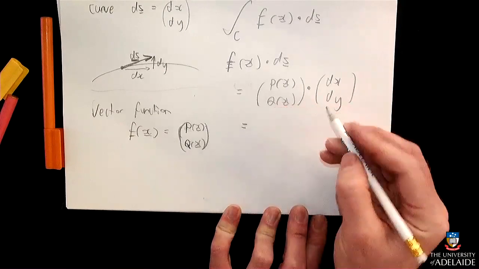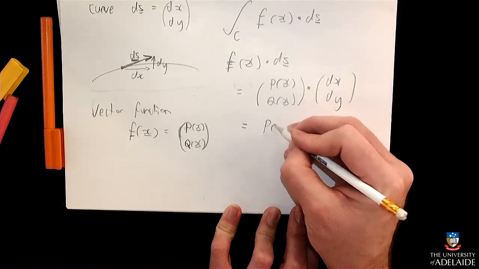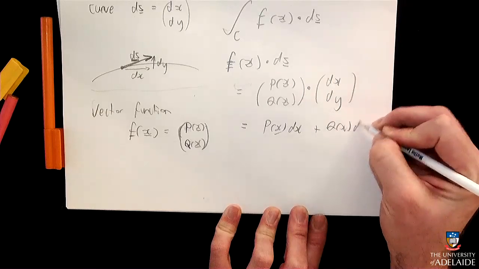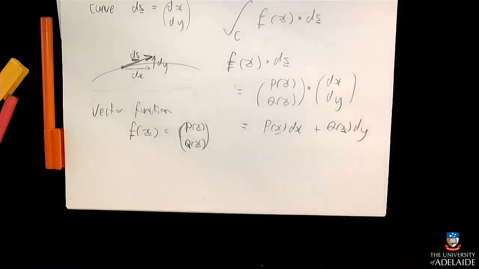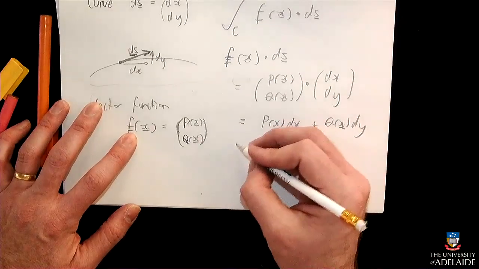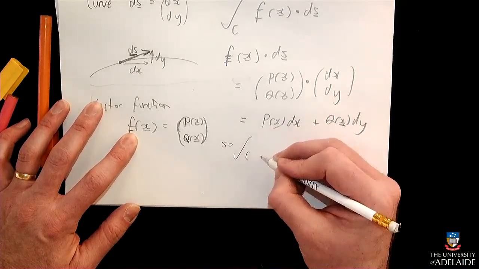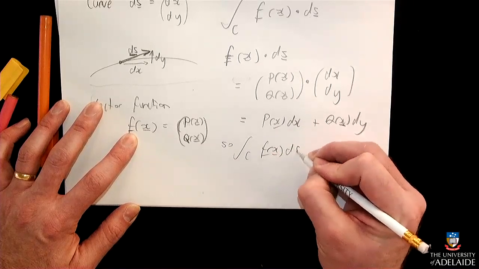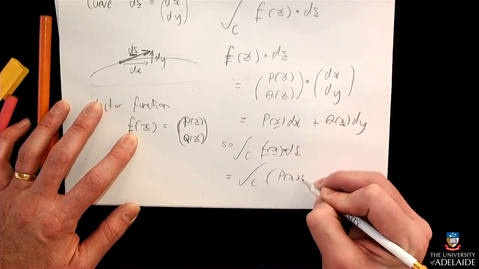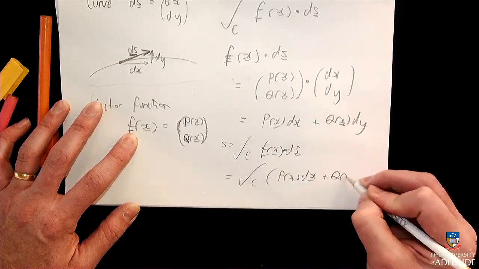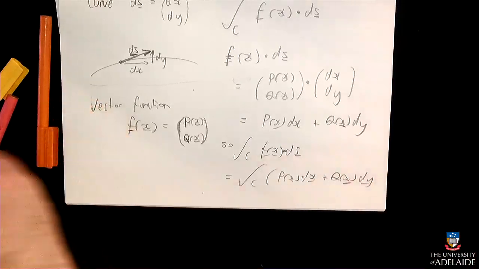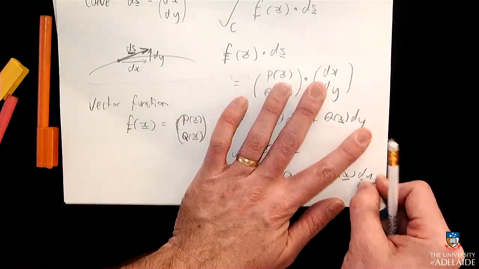And when I do a dot product, I'll get this times this, and this times this, which means that what I'm integrating is this.